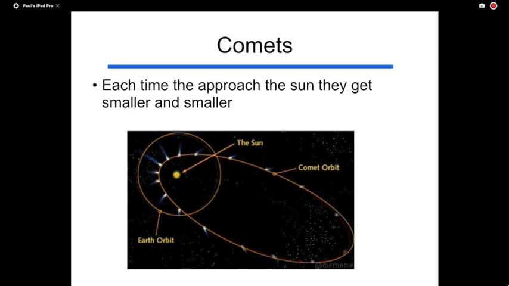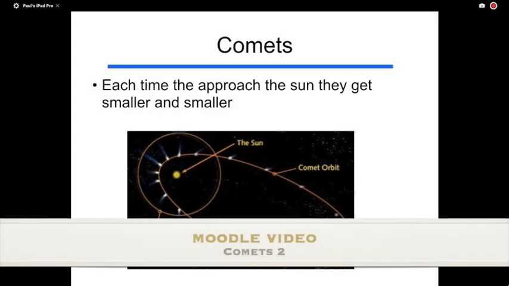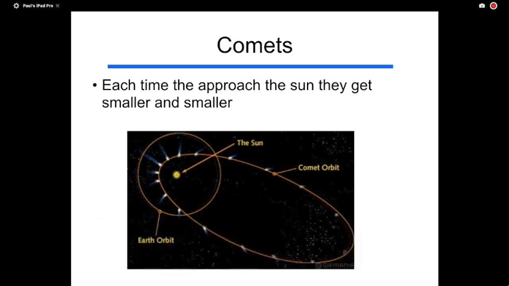Okay, so comets are approaching the sun, and most of the time we can't see them, but as it gets closer to the sun, the tail gets longer, and if you can see, the tail is always pointing away from the sun, not following the direction of where the comet is.